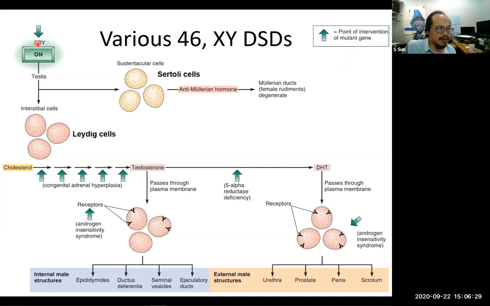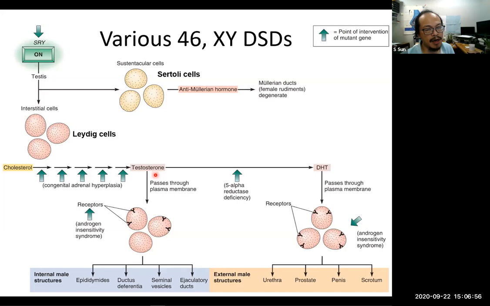We have the SRY, SRY turns on the X on the testis to convert this Leydig cell, the interstitial cells, to produce what? To produce testosterone. So it will convert the cholesterol to produce testosterone. Testosterone, as I mentioned earlier, that is the steroid hormone.